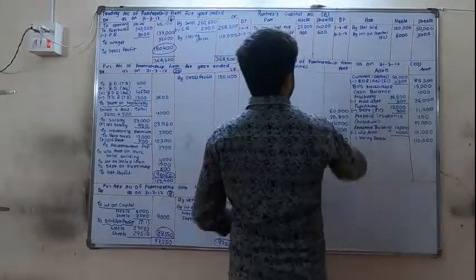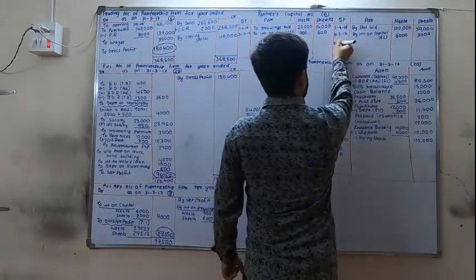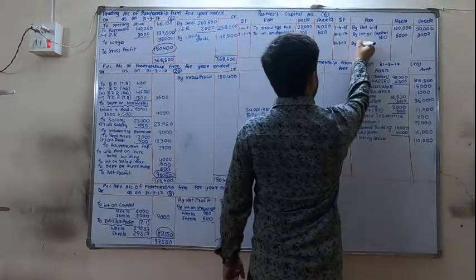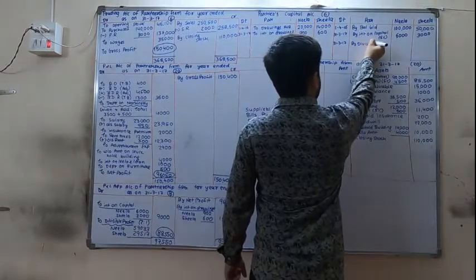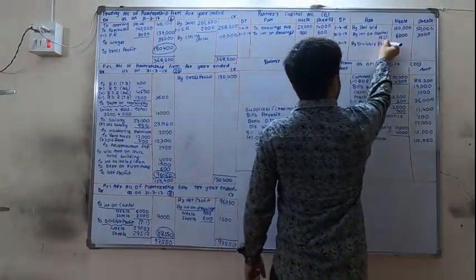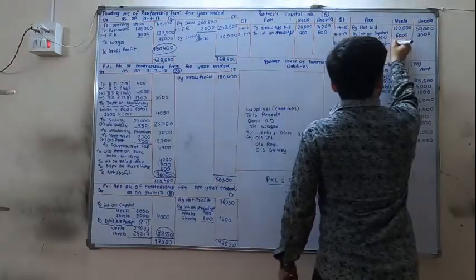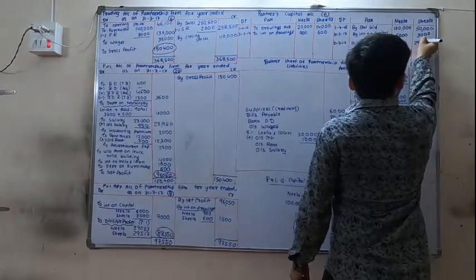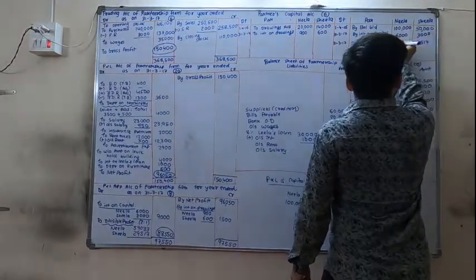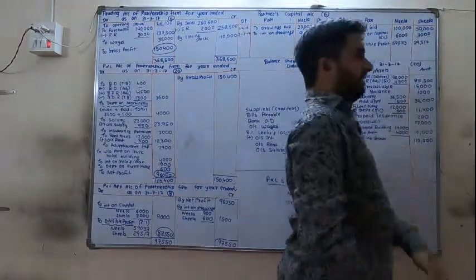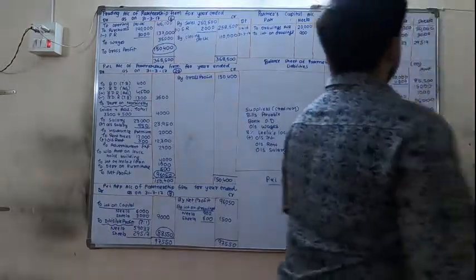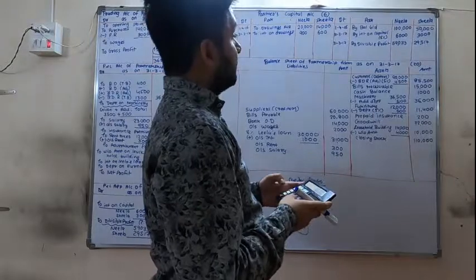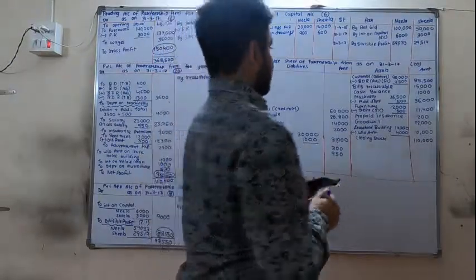Now it is debited. Here it should be credit. 31,370 by divisible profit, 59,033 and 29,517. Okay. Now we are closing down the capital account. 1,06,000, 59,033.